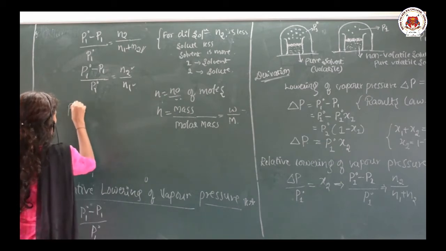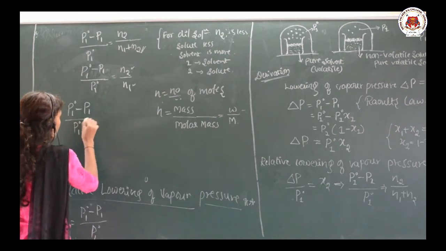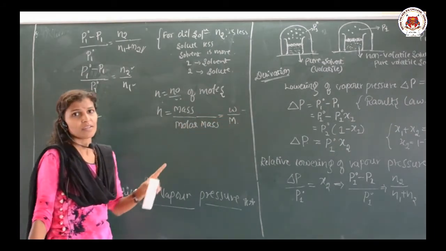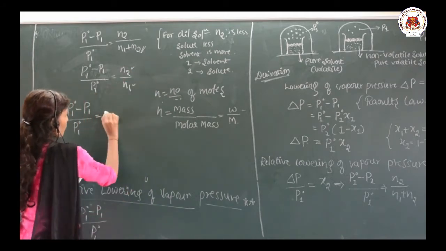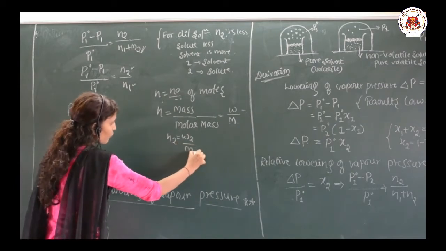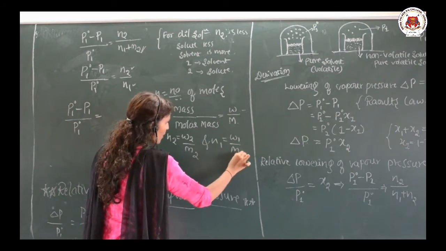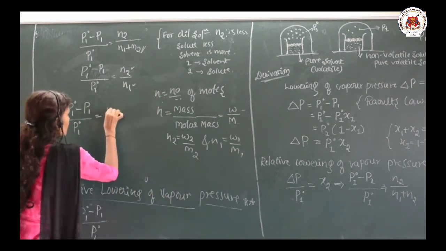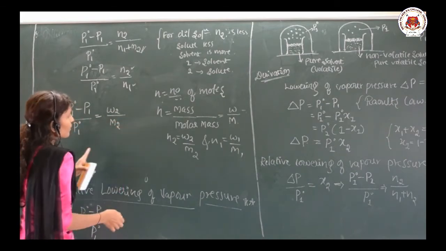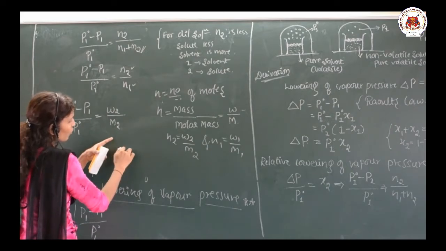So (P1 naught minus P1) divided by P1 naught is equal to N2 by N1. It means W2 by M2 for N2, and N1 is equal to W1 by M1. So I am going to substitute W2 by M2, divided by W1 by M1.